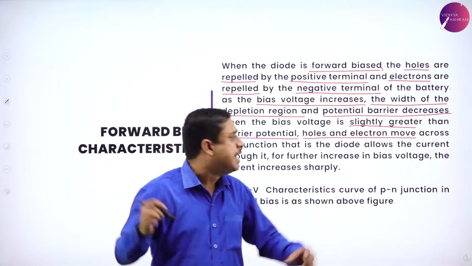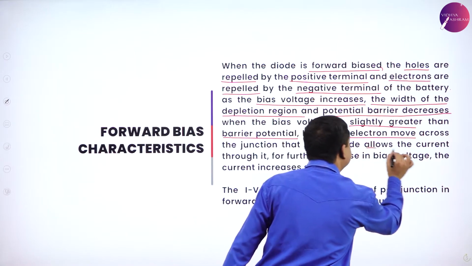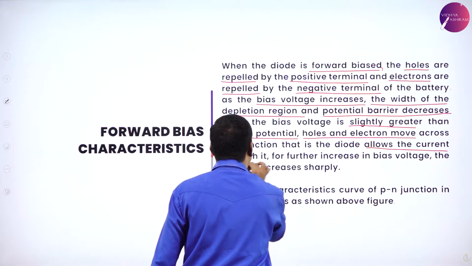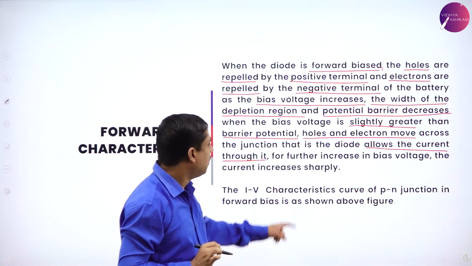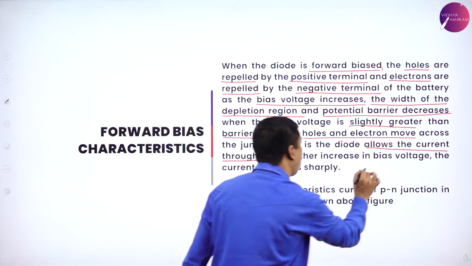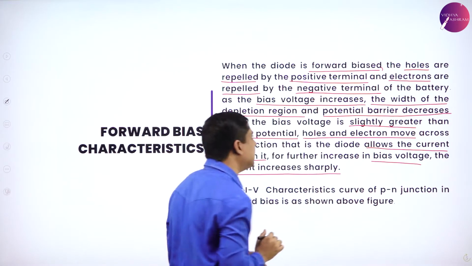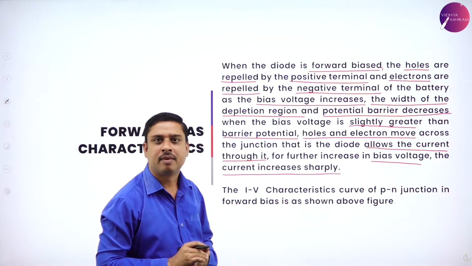The depletion region is broken down and allows the current to pass through it. For any further increase in the bias voltage, the current increases sharply.